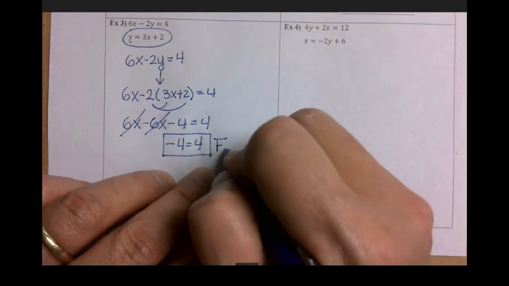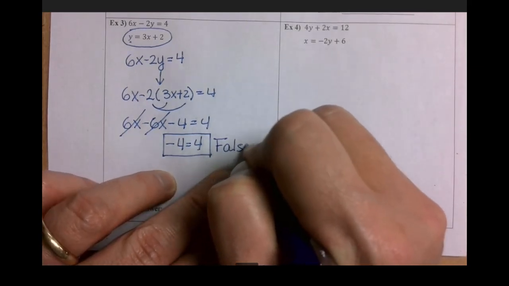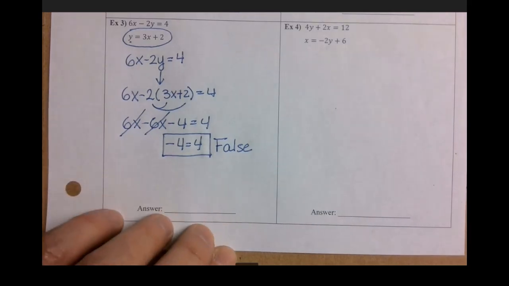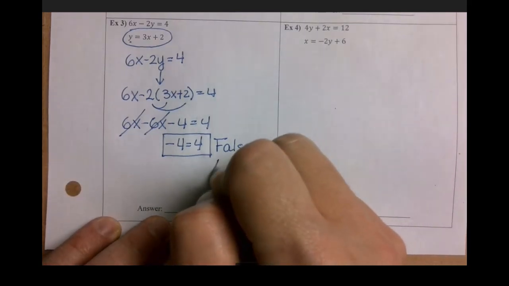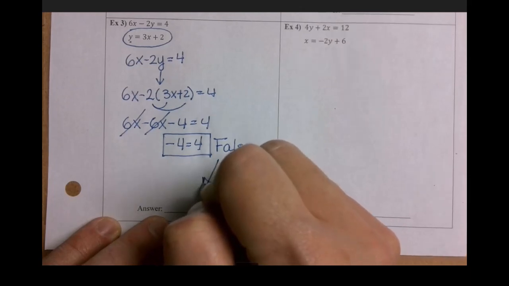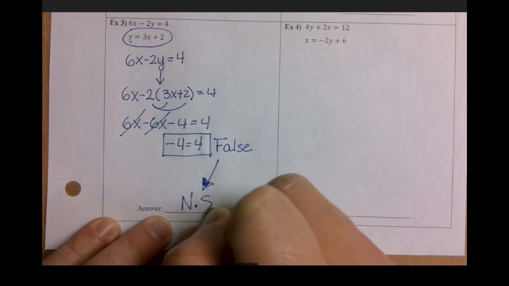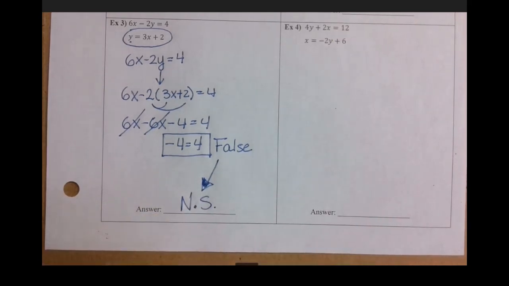Well, upon analyzing this statement, I come to the conclusion that it's false, because a negative number is not equal to a positive number. So this is a special case, and that tells us that there is no solution to the system of equations. Okay, so whenever you get a false statement, it's going to be no solution.